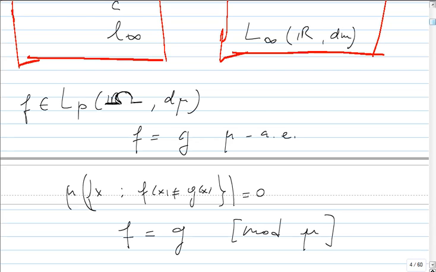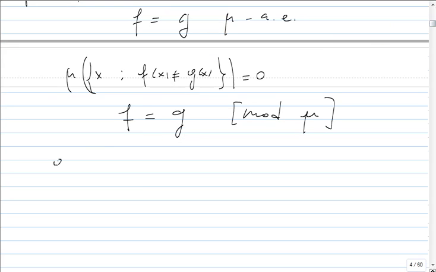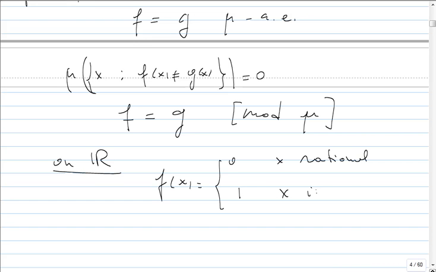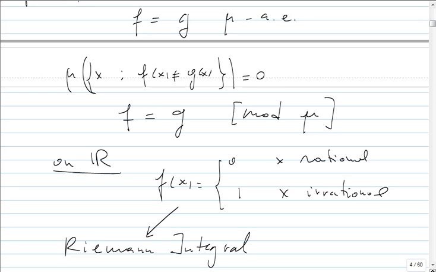So for example, if you look at the real line R, and the function f of x equal to 0 if x is rational, and 1 if x is irrational, this function is bad for the Riemann integral.